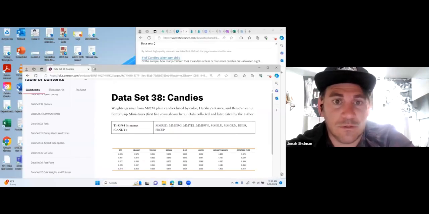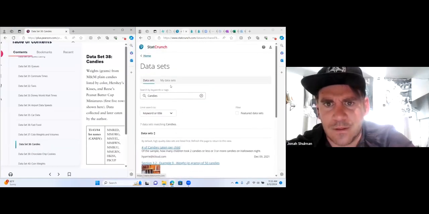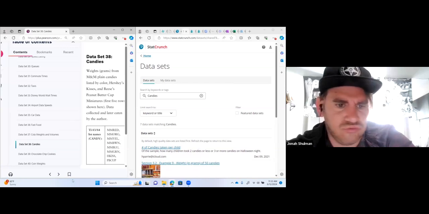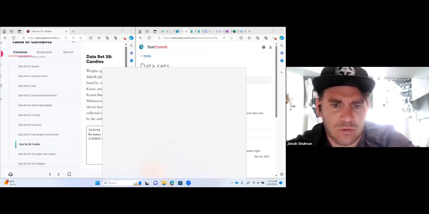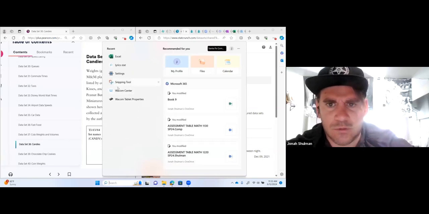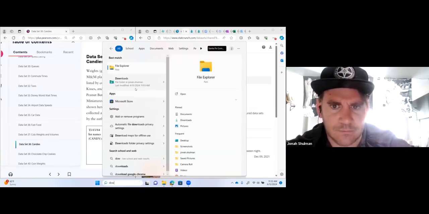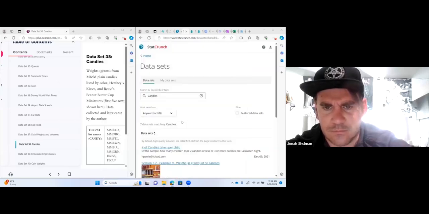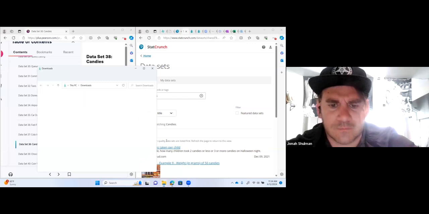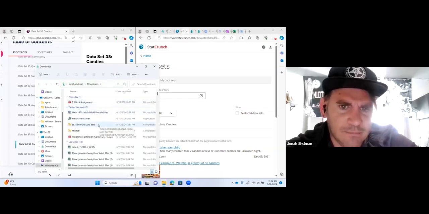I'm pretty sure I downloaded this into Excel previously when they told me to get all the data sets. So that's what I'm going to do. Downloads. Minitab data sets.